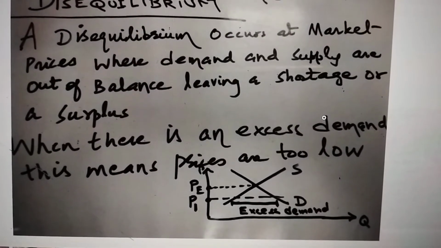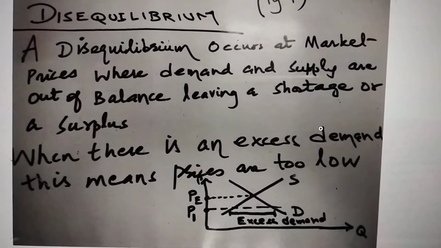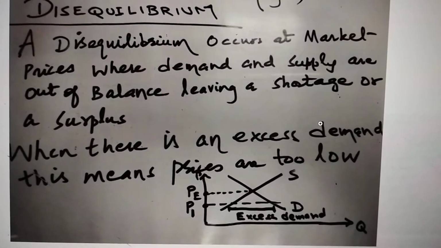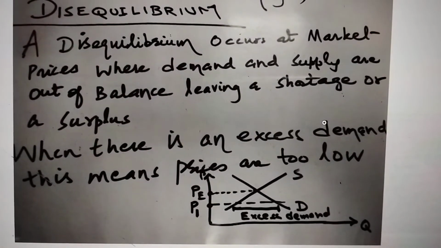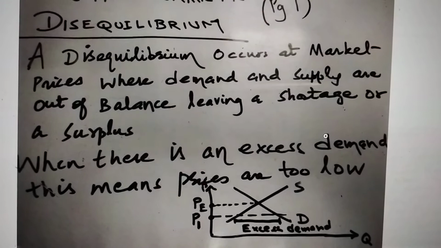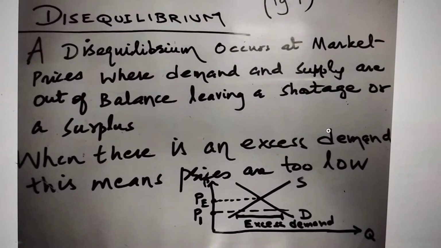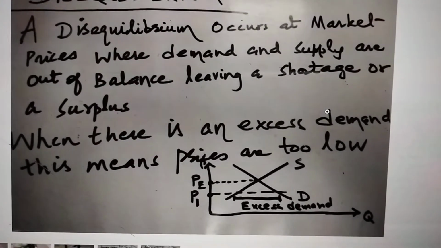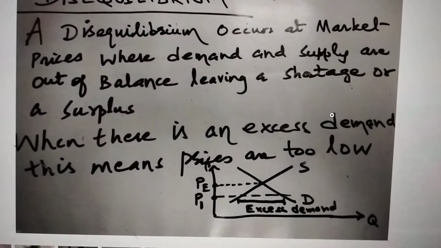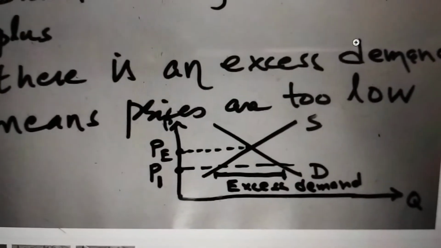They will want that product because the prices are coming down, creating a consumer surplus for them. They can buy more of that commodity because of the lower prices.